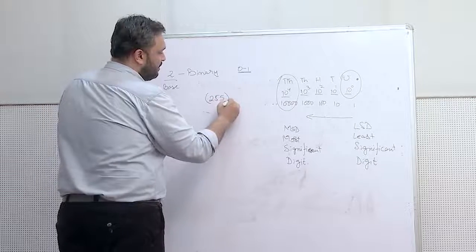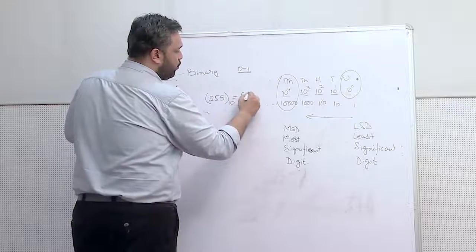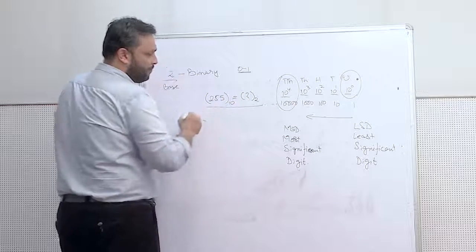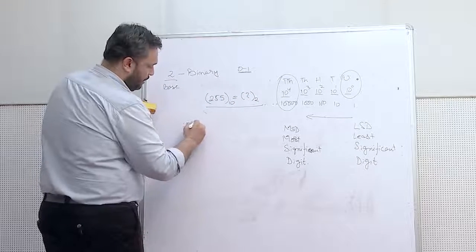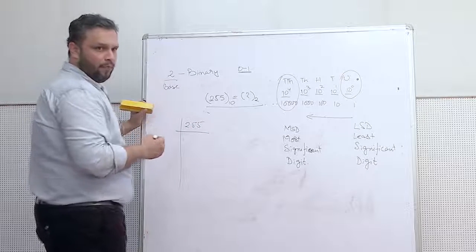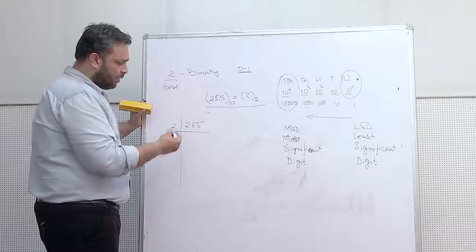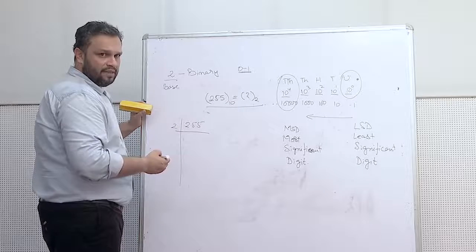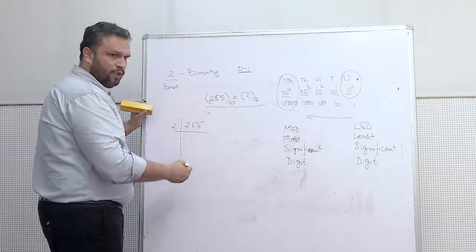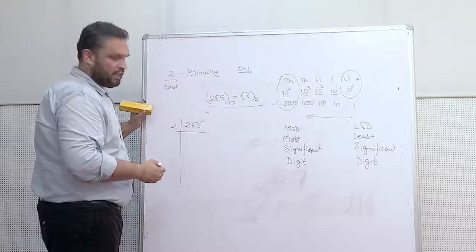So the question is, the value 255 in decimal is equivalent to what in binary? The division process is quite simple. You have to divide the given number in decimal number system by 2, and you have to take the quotient as the new dividend and write the remainder, which is going to be either 0 or 1, on the right hand side of the division table.